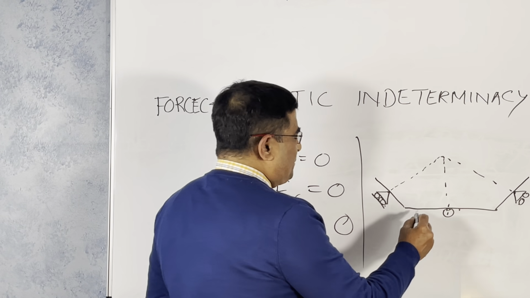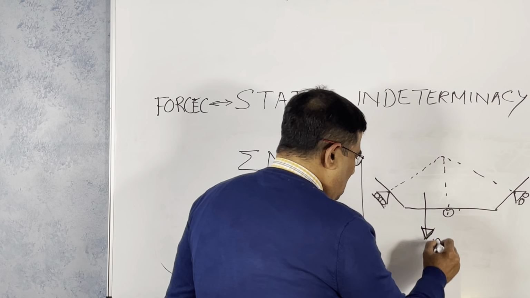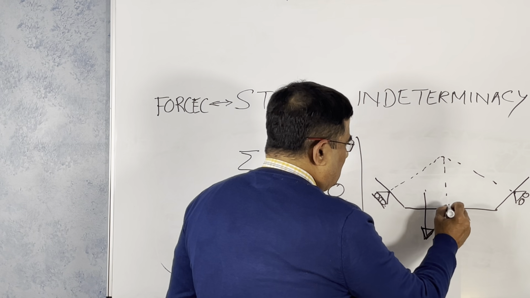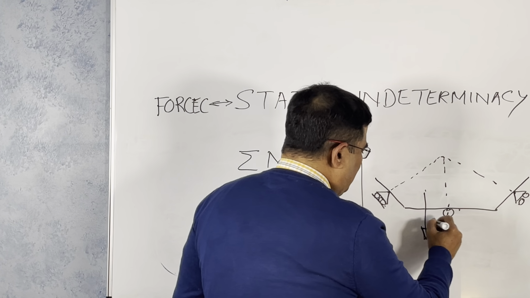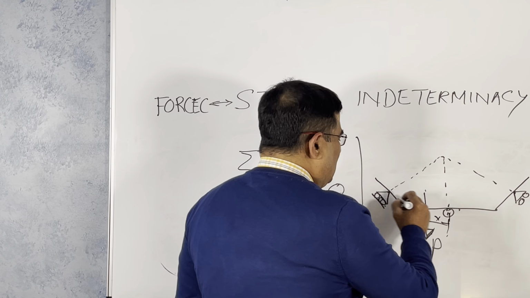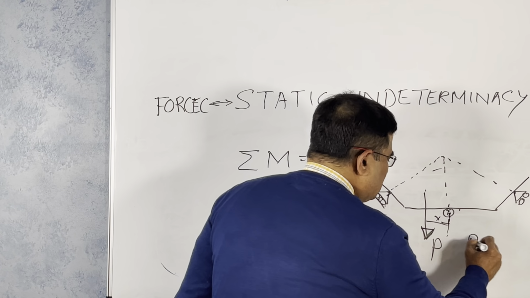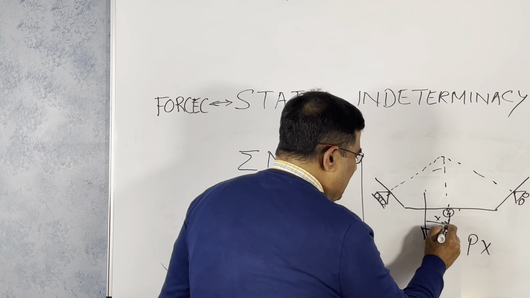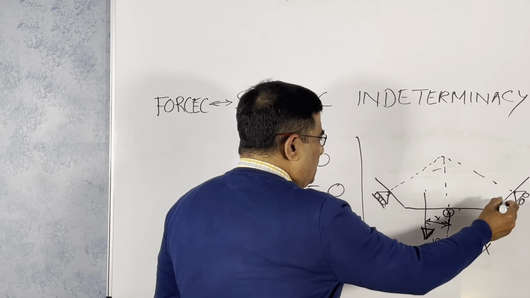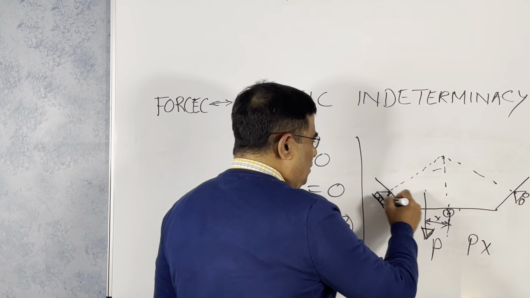Suppose you have a force P there. P will cause a moment at this point. But if you take moments about that point, the other reactions, meeting at this point, will have 0 moment.